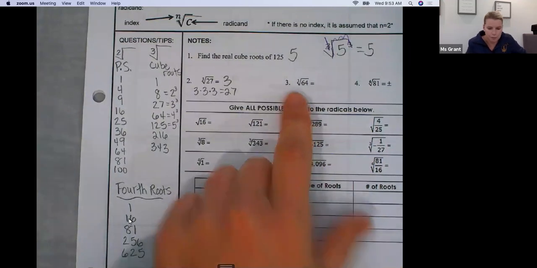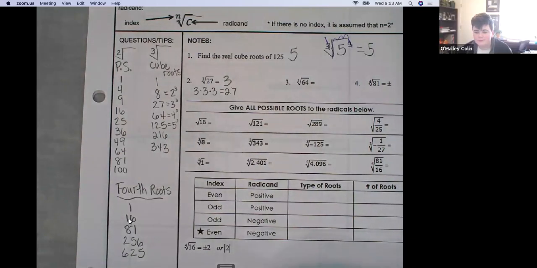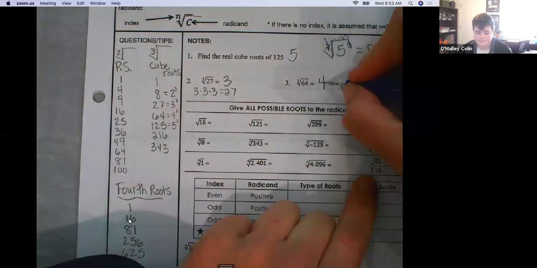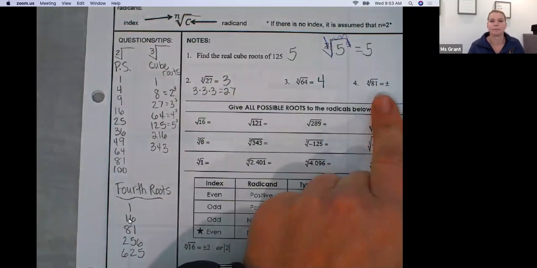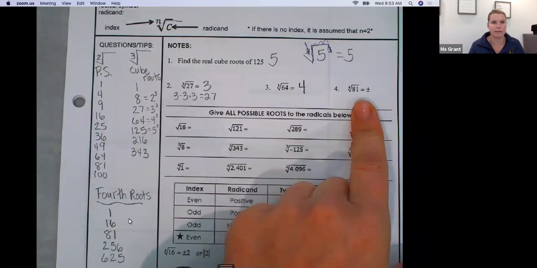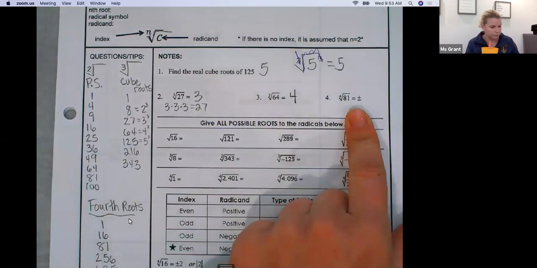Okay, number 3, the cubed root of 64. The cubed root of 64. 4. 4. Awesome. Okay, be careful with this one. Read, you can do number 4 for me. That would be great. Fourth root of 81.